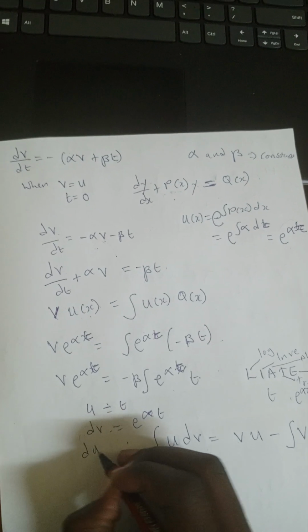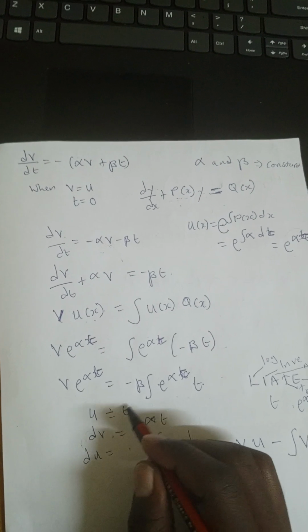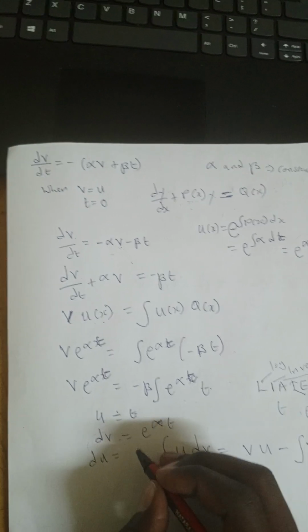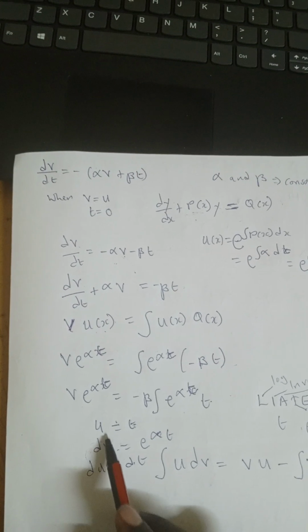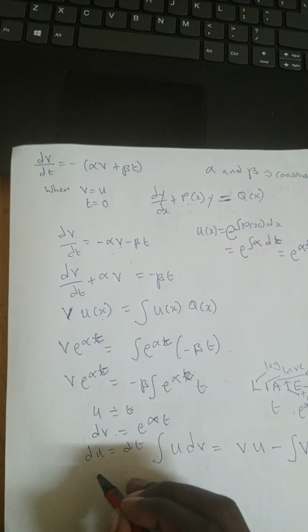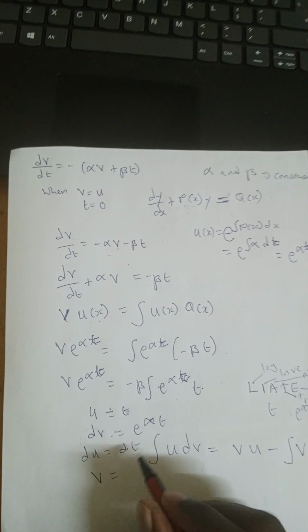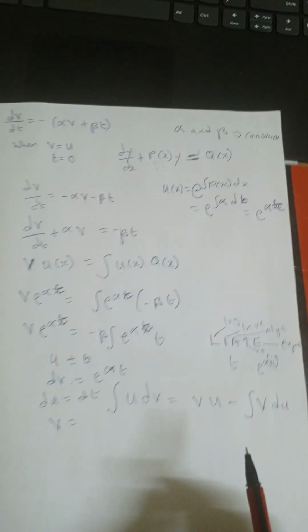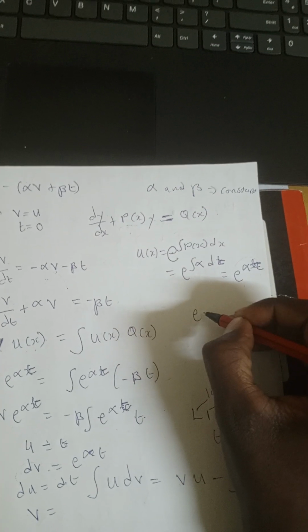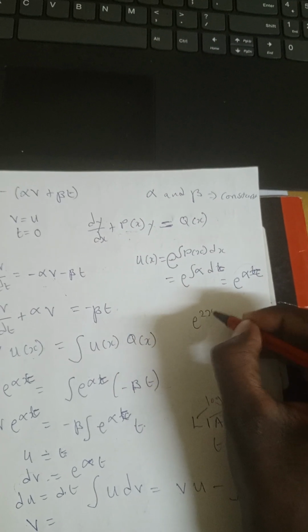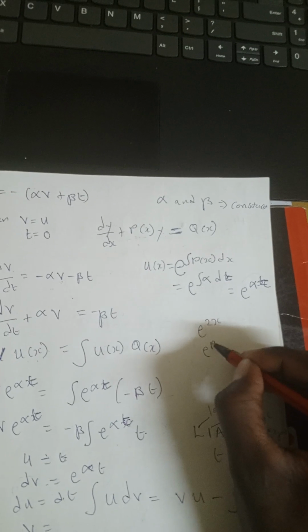So du will equal, when we differentiate t, we're just going to get dt. For us to find v, we have to integrate dv. Now how do you integrate exponent? Let me give you this quick example. I'll say exponent p.